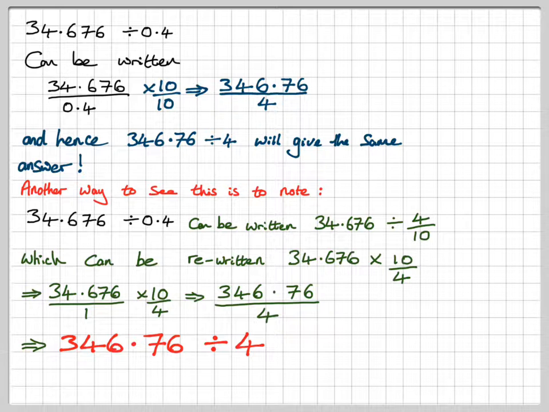Have a good think about this, and hopefully it will all make sense. The bottom line is, though, if we move the decimal points around consistently in the number that's being divided and the number that we're dividing by, then the calculation that we ultimately perform will give us the same answer as the original problem. And furthermore, remember, never actually attempt to divide by a decimal number.